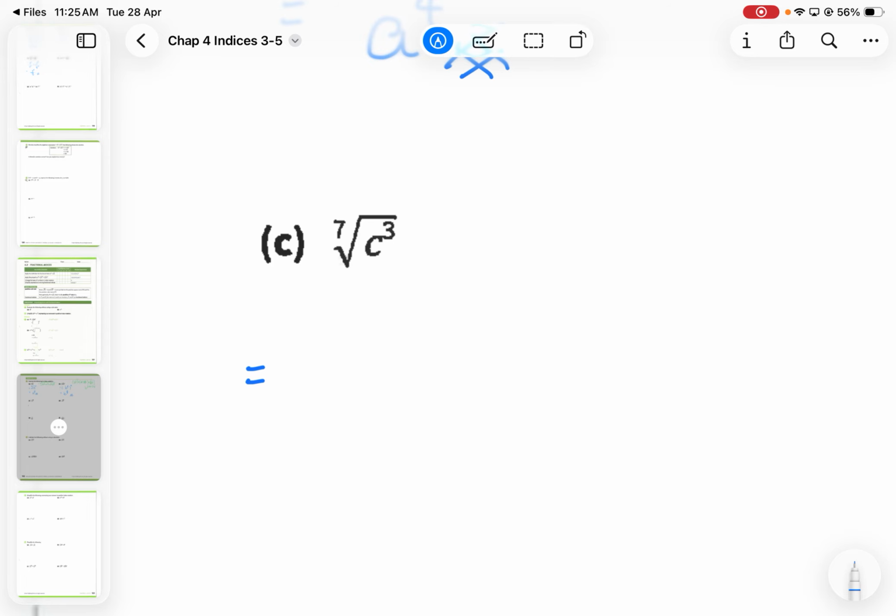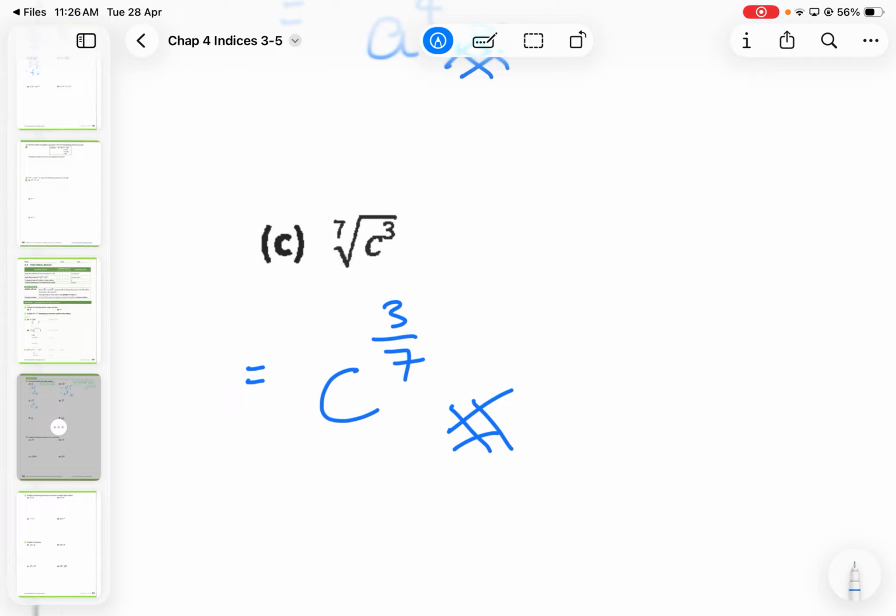What this means is I am going to take the 7th root of c cubed. So what will happen? I will divide the power of c by 7, like that only. Okay?